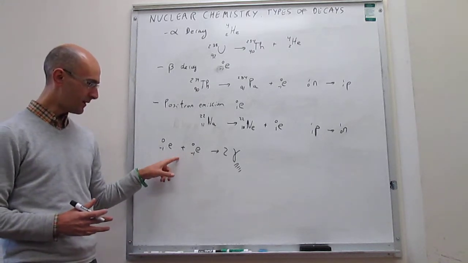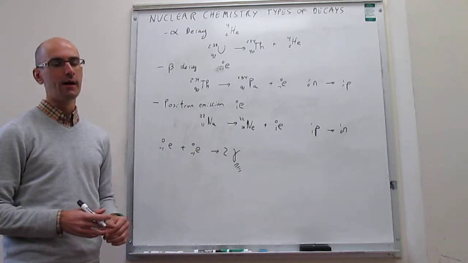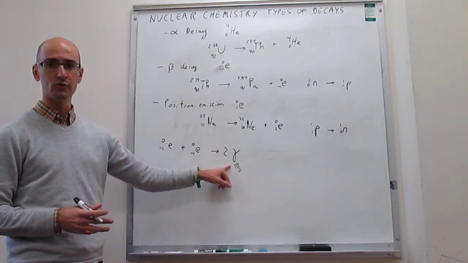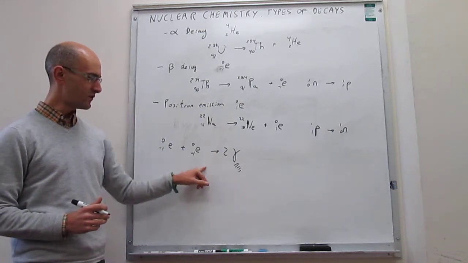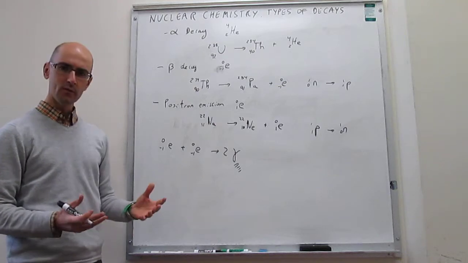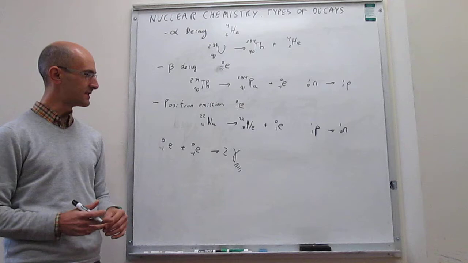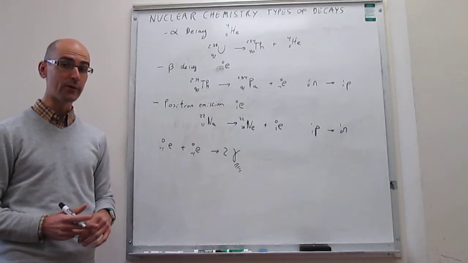So these are mass particles, but when they annihilate, when they combine, you actually generate energy, electromagnetic radiation, which doesn't have any mass at all. That tells you that there's clearly a relationship between energy and mass, which is what the theory of relativity actually tells you. Again, that's an example of the type of processes that we worry about in nuclear chemistry.